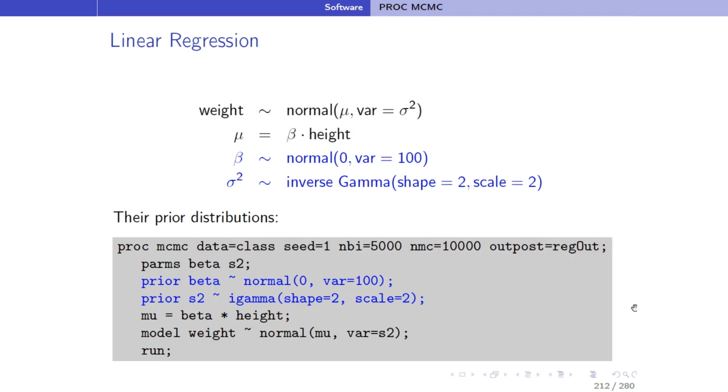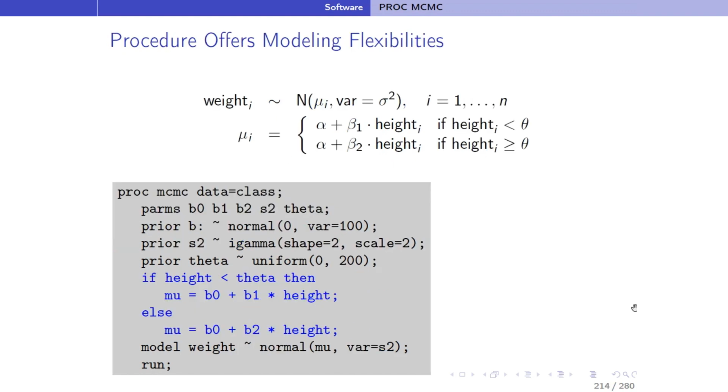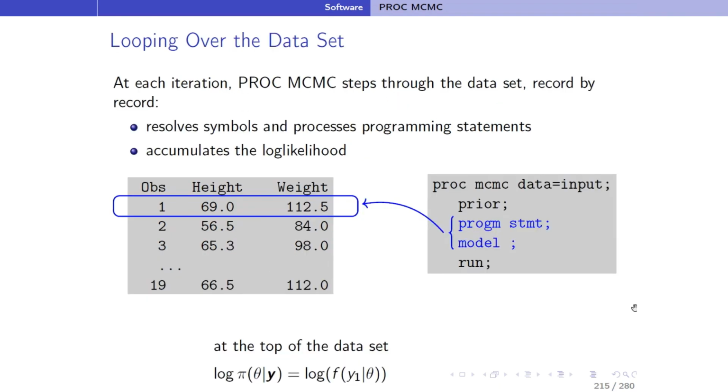The linear regression is written as it is on paper. You can change different components of the model, prior distribution, likelihood. You can introduce a data step, change point to a regression model, and so forth.